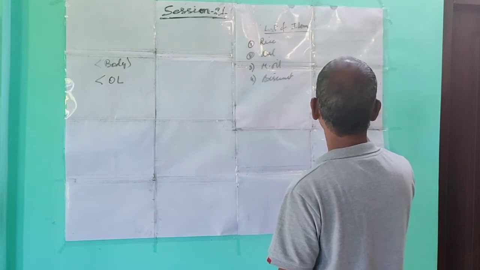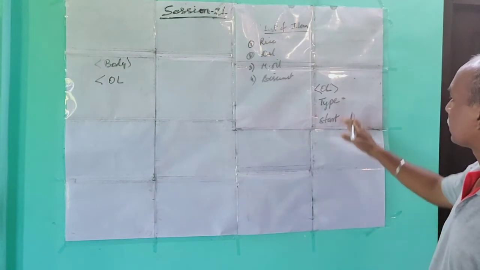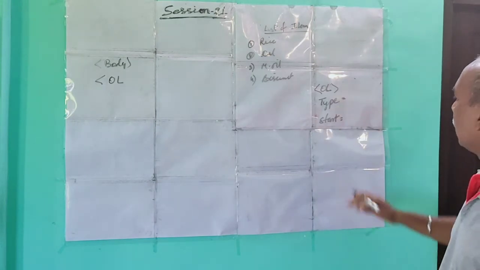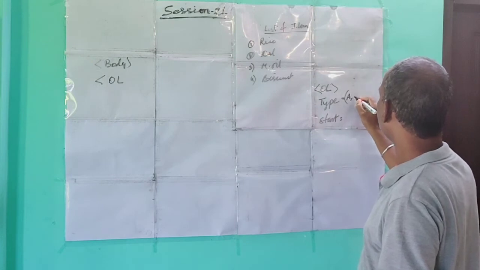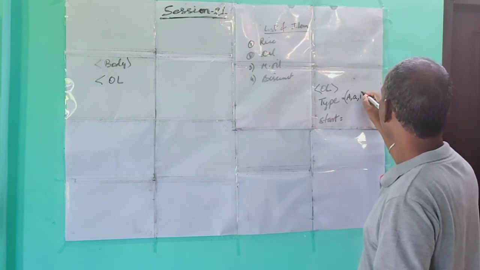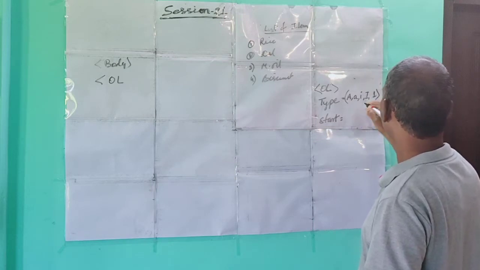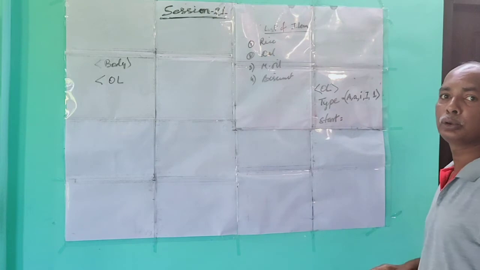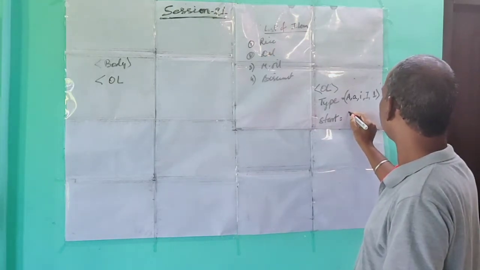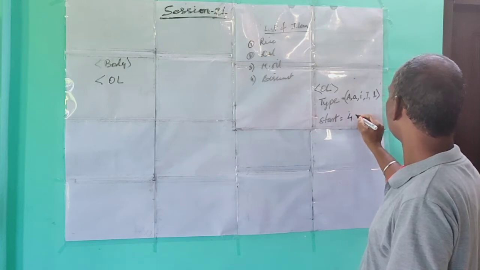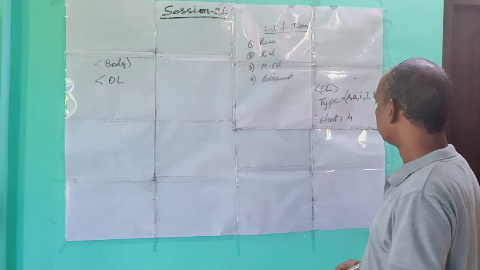There are two attributes used with the OL tag. One is type, the other one is start. Under type you can use any one: capital A, small a, capital I, small i, and 1, 2, 3. Only 5 values can be used with the OL tag. For start you can give, say, 4. I will explain now what is the meaning of 4 or 5 or 6 etc.